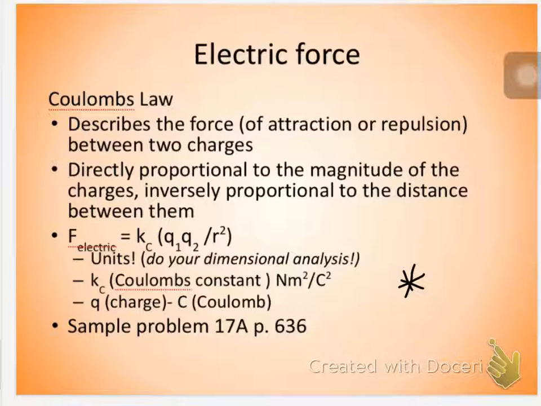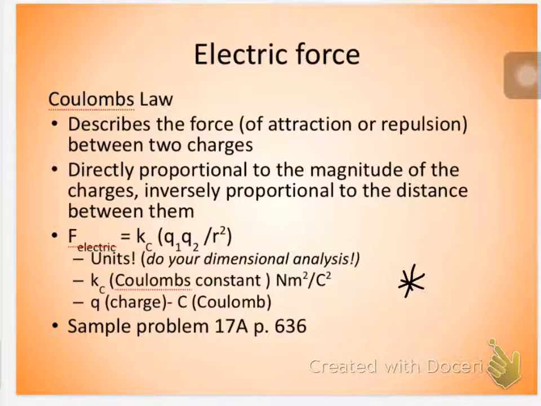So the bigger the charge, the bigger the force, and inversely proportional to the distance between them. So the closer they are, the higher the force. The farther apart they are, the lower the force. This is the same law that you have for gravitational attraction between any two objects. What Newton's law of gravitational attraction says is that the force of attraction between two objects is directly proportional to their mass and inversely proportional to their distance.